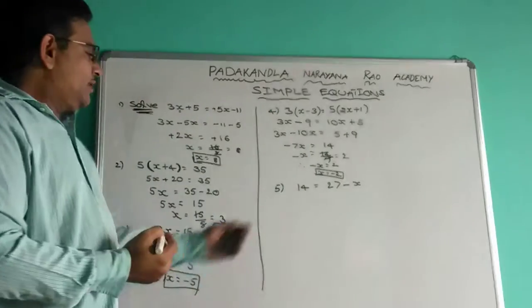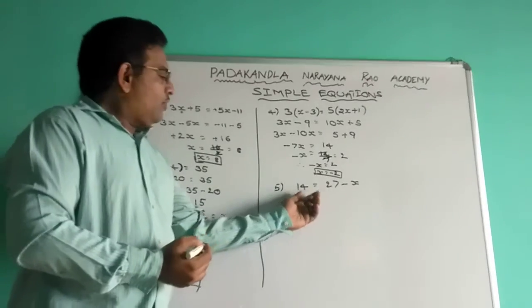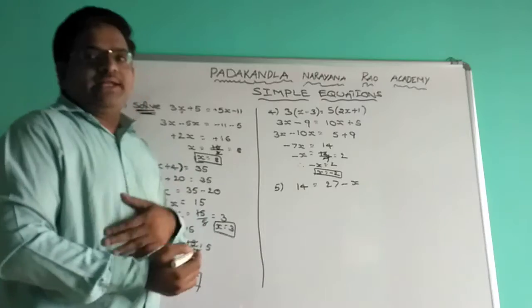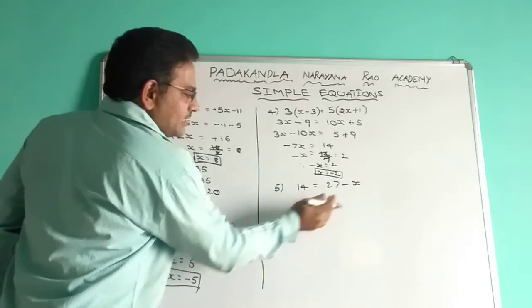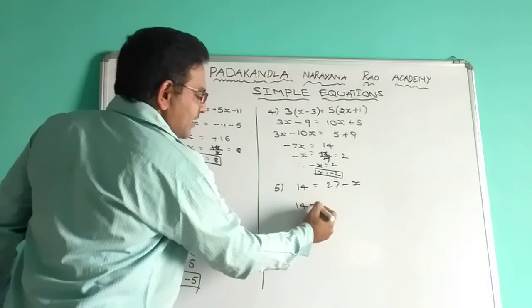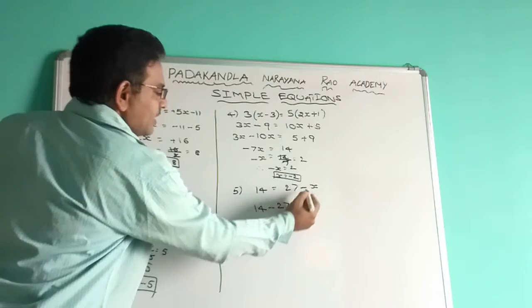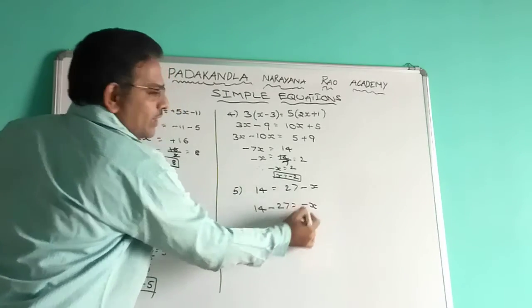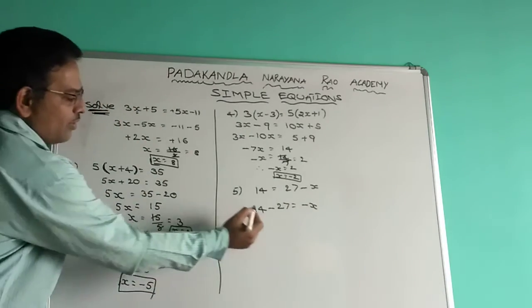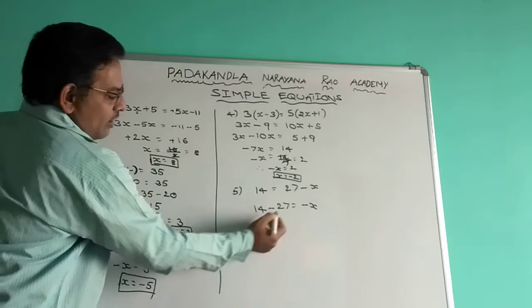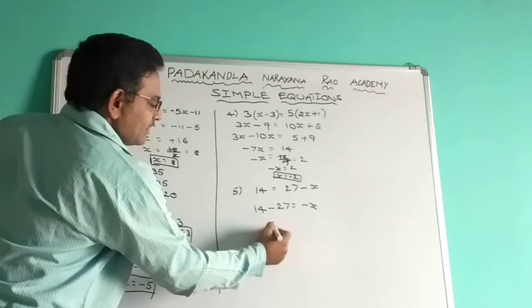Now, 14 = 27 - x. Write 14 here only. This 27 takes to this side: 14 - 27 = -x. Don't write x, write -x. Now 14 - 27, how much? 13.